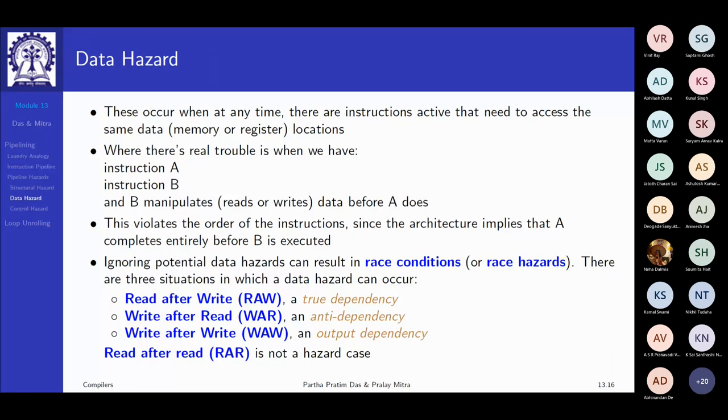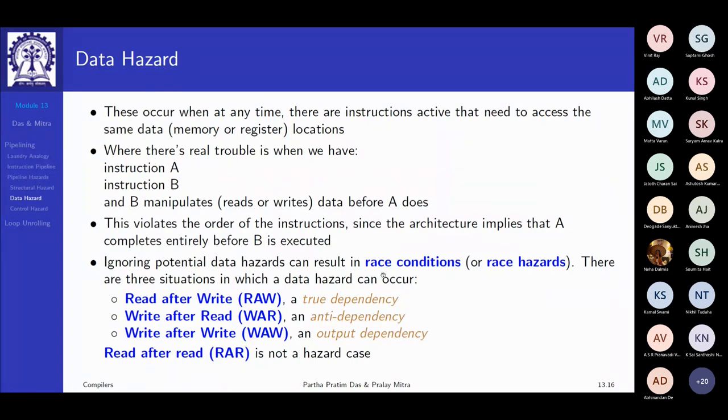If you had been working with the model we had followed so far, that is, instructions are strictly sequential, and an instruction starts executing only after the previous instruction has ended, there is no problem. But the moment we are in a pipeline, B has started executing even well before A has actually finished. So this might violate the order of instructions and actually cause really bad errors.